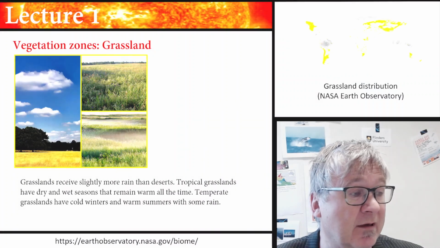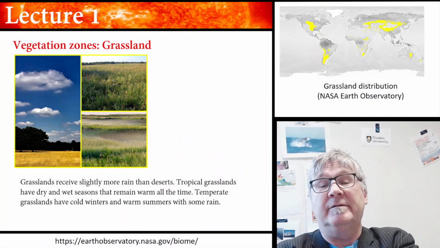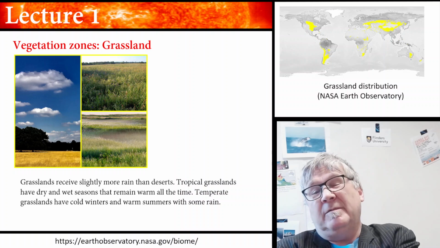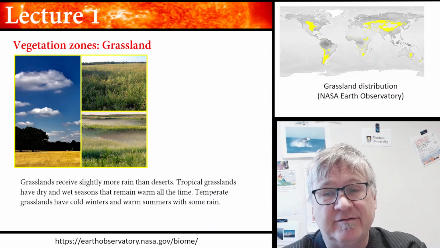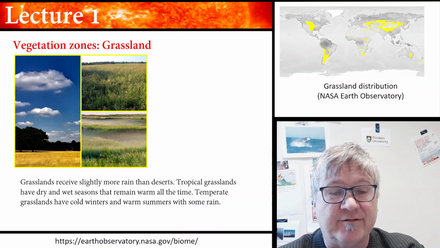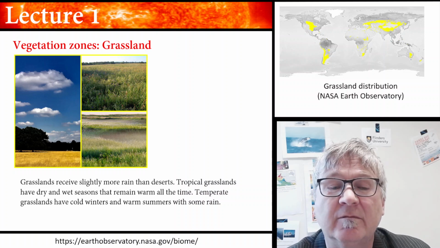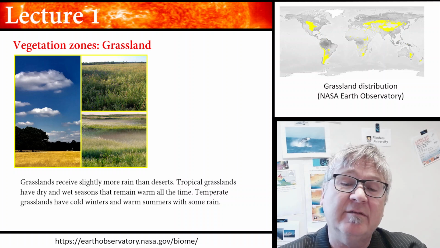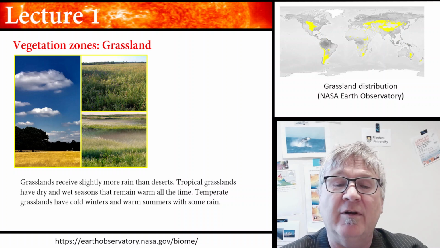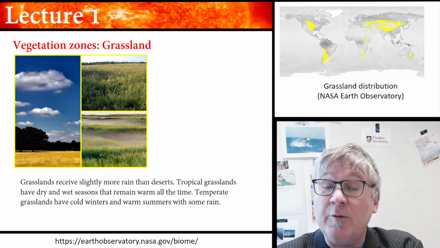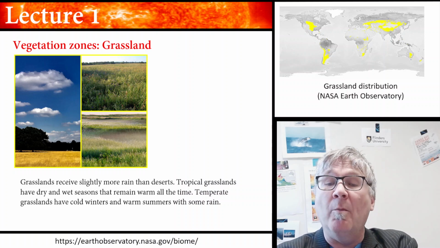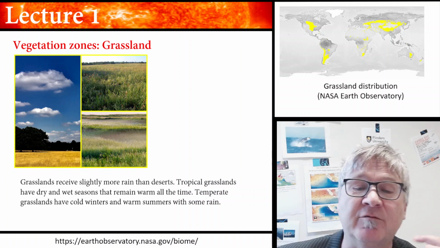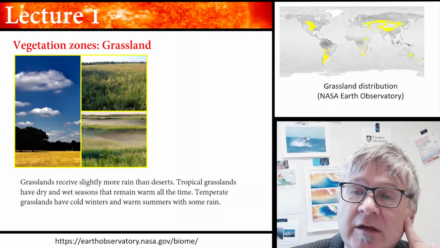Okay, we come to grassland. Okay, well, you might have guessed it, grassland. You have grasses. They receive slightly more rain than deserts. Okay, tropical grasslands have dry and wet seasons that remain warm all the time. Temperate grasslands have cold winters and warm summers with some rain.